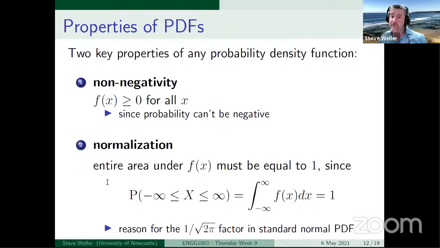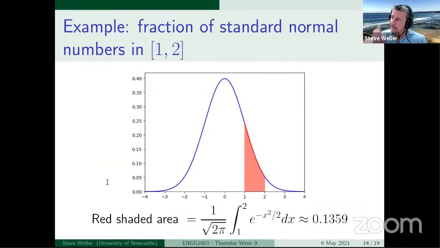It's the same curve as the red curve in the first example in today's lecture. Standard normal PDF, there's only one of them. It's the blue curve. Now the red shaded area spans from x equals 1 to x equals 2. That red shaded area is the area under the standard normal PDF between x equals 1 and x equals 2.